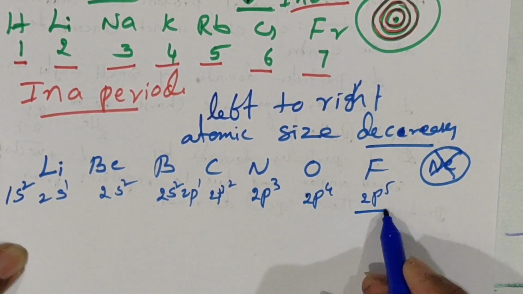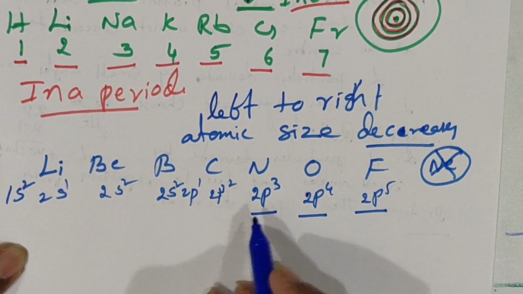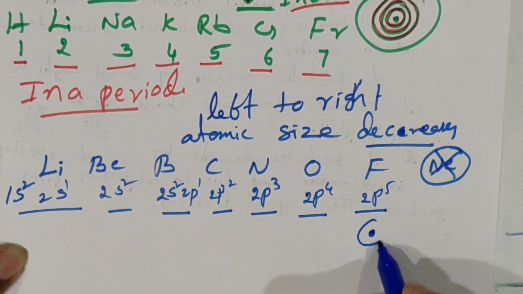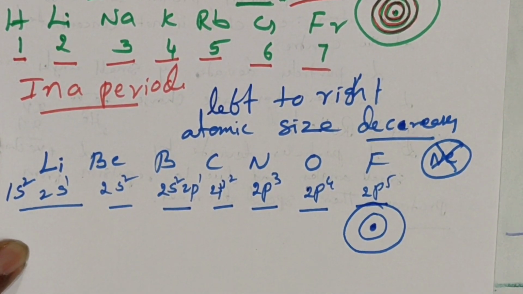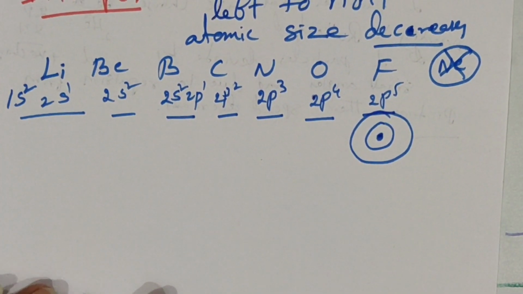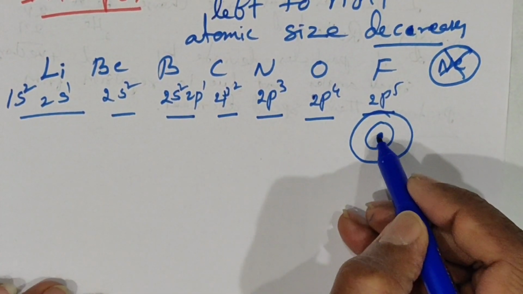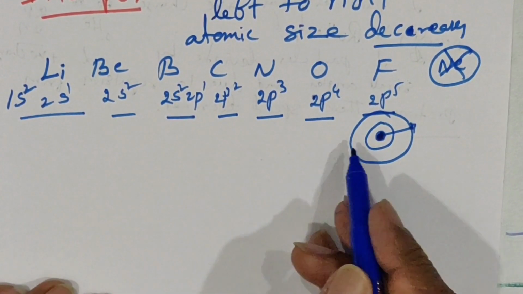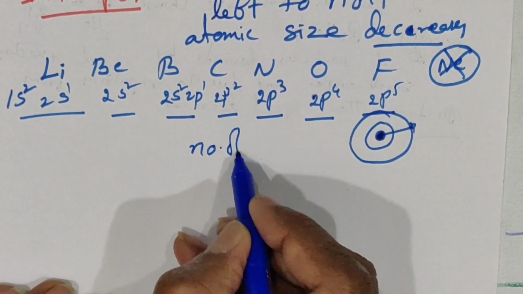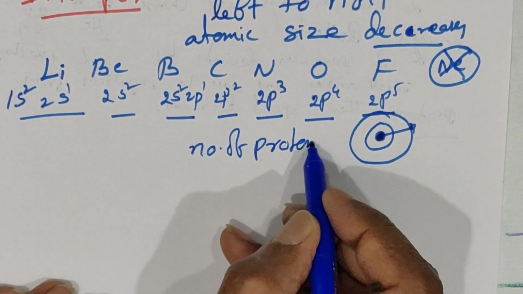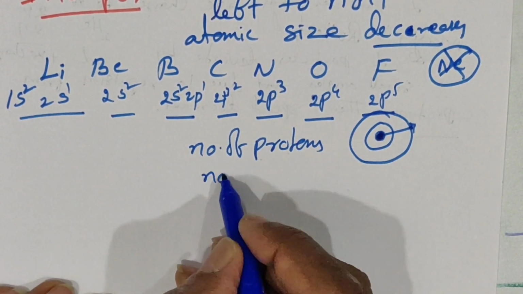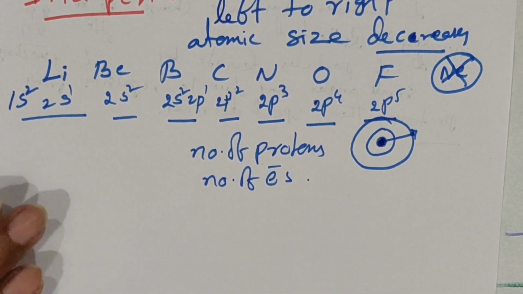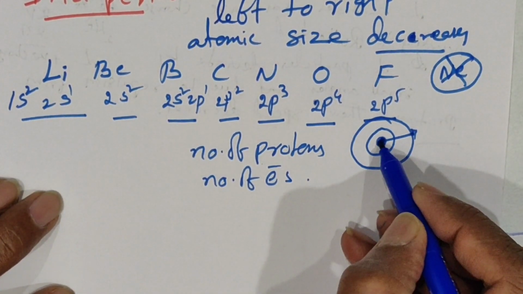Now here the last electron or differentiating electron in all these elements enters the same orbit, that is the second orbit. That's why the nuclear attraction increases over the valence shell. With the increase of atomic number, the number of protons increases and the number of electrons also increases. Then the nuclear attraction increases over the valence shell.